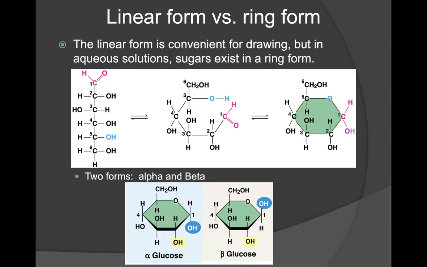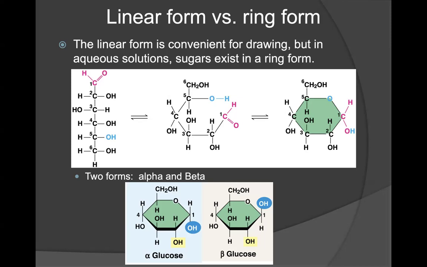If you take a look at the alpha glucose, you can notice that there's different carbons that can be numbered on the sugar molecule. If you refer to the 1 in the diagram, that refers to the first carbon in the chain. That carbon has a hydroxyl functional group. In the alpha position, it is found below the 1 carbon.